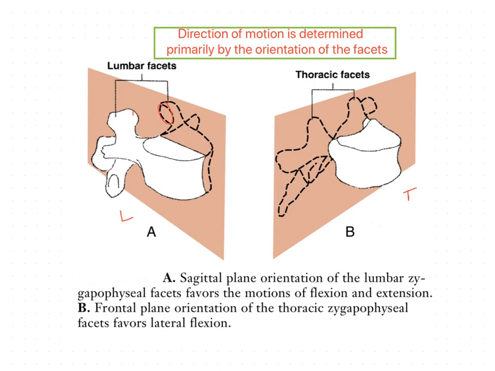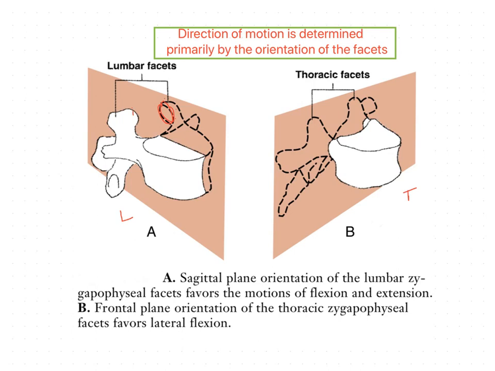If you observe the facets, this is the orientation of the facets in the sagittal plane, so the movement of the superior vertebrae over the inferior vertebrae is greater in flexion and extension.